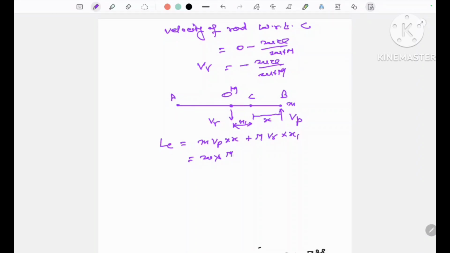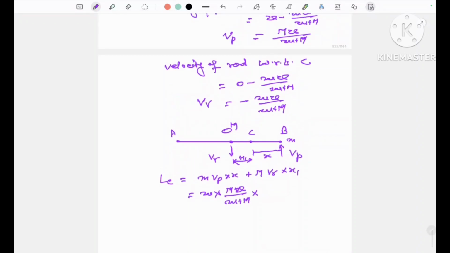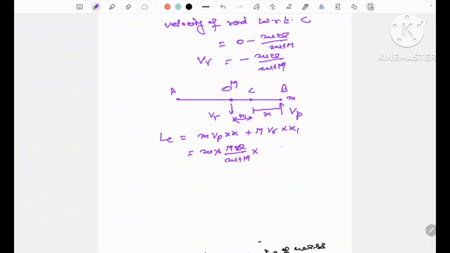Vp is Mv upon m plus M, and x is ml by 2(m plus M), plus M into mv upon (m plus M) into ml upon 2(m plus M).